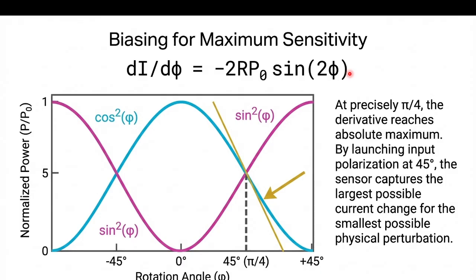We get that at precisely pi by 4 the derivative reaches its absolute maximum, by launching the input polarization at 45 degree. The sensor captures the largest possible current change for the smallest possible physical perturbation, and you can see here how it is happening.